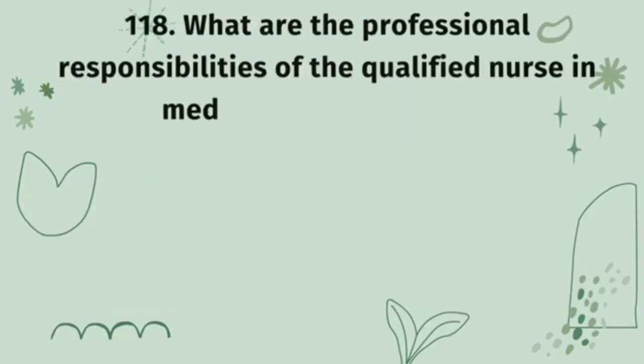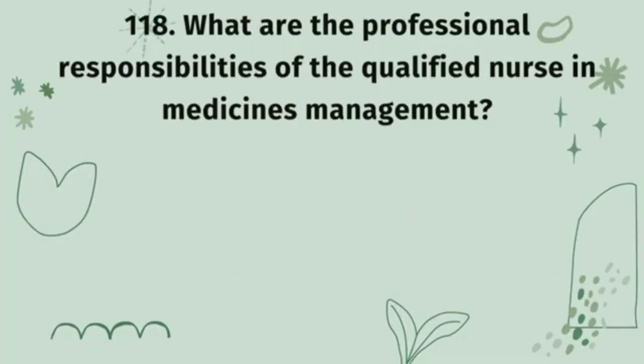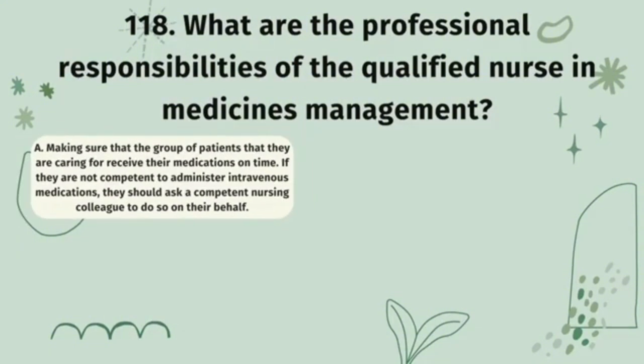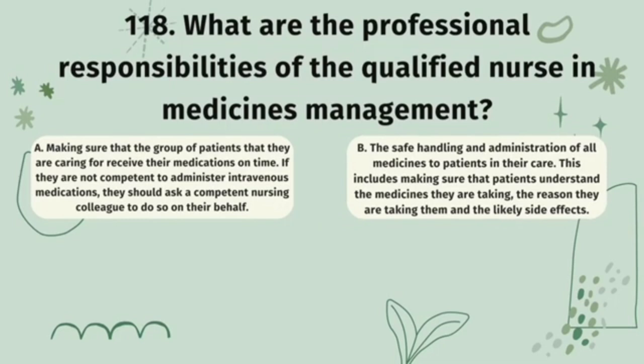Question 118. What are the professional responsibilities of the qualified nurse in medicine's management? Option A. Making sure that the group of patients that they are caring for receive their medications on time. If they are not competent to administer intravenous medications, they should ask a competent nursing colleague to do so on their behalf. Option B. The safe handling and administration of all medicines to patients in their care.